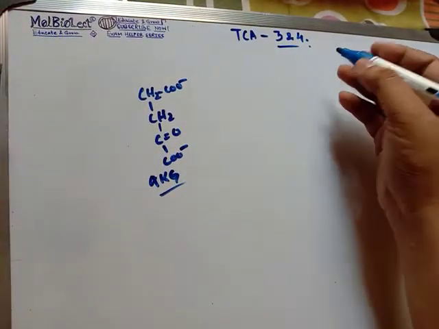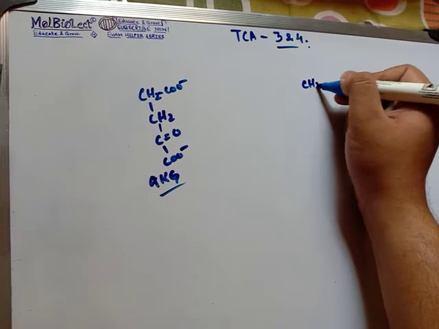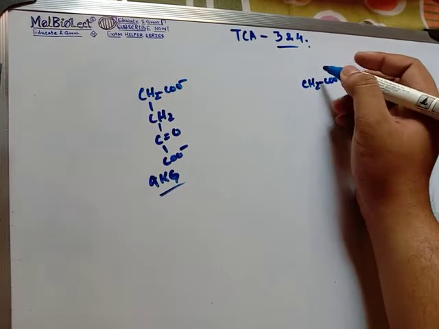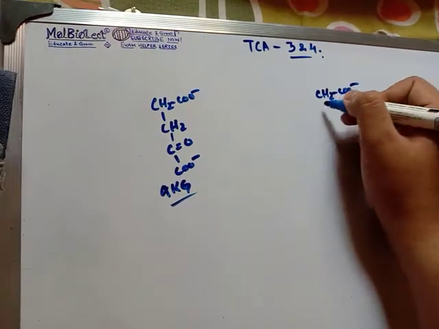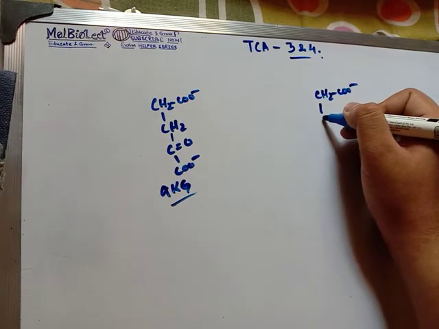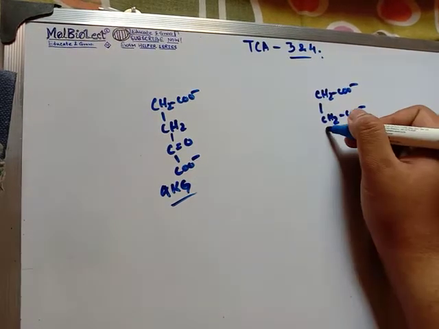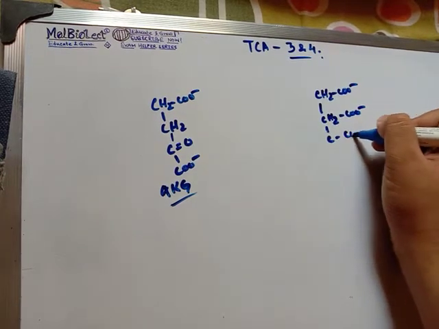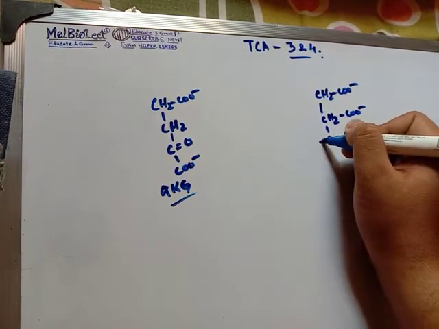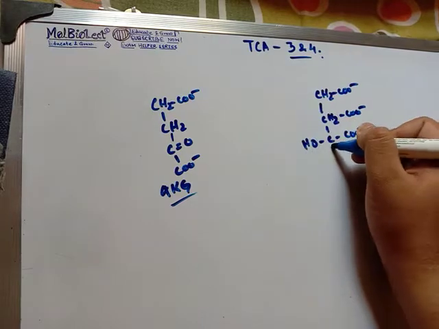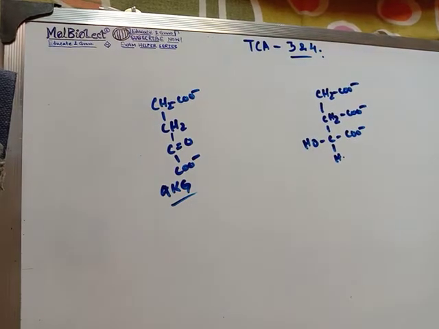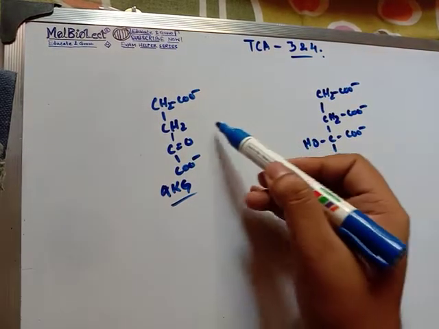So isocitrate, now the structure of isocitrate was like this: CH2CO minus, then we have another CH2CO minus, then we have CCO minus, over here we have an OH, and lastly an H over here. So the conversion is going this way.